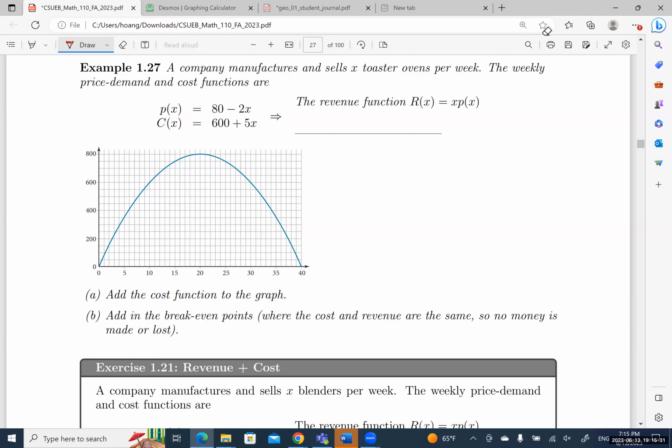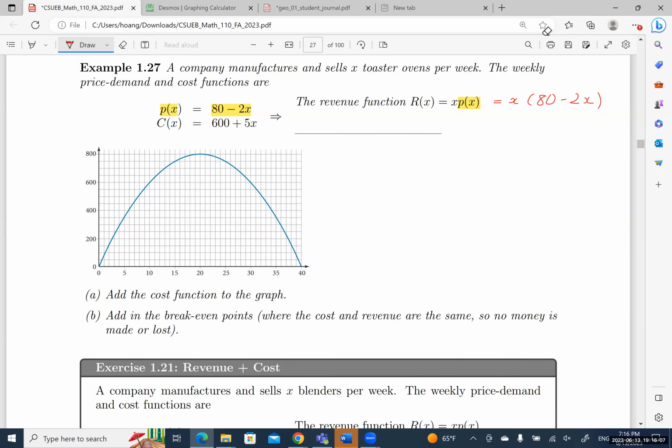The weekly price-demand and cost functions are P of X equals 80 minus 2x, and C of X equals 600 plus 5x. The revenue function is going to be X times P of X. I can substitute P of X equals 80 minus 2x, so it becomes X times (80 minus 2x).